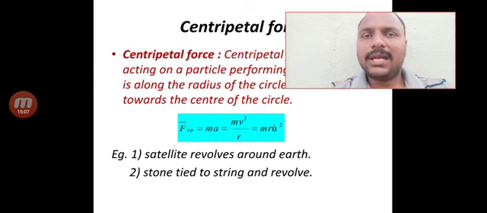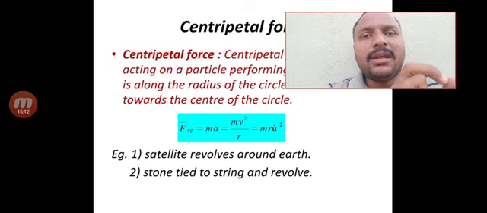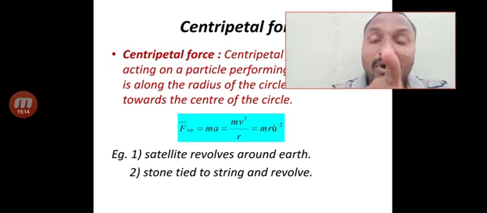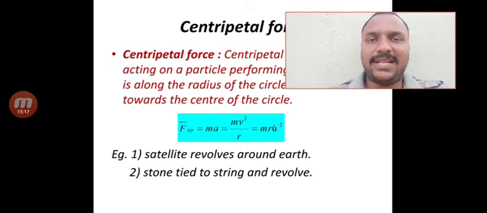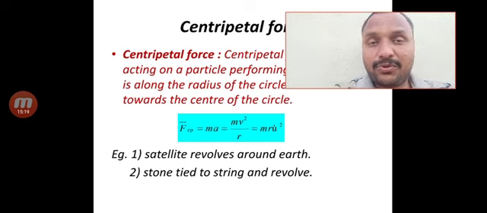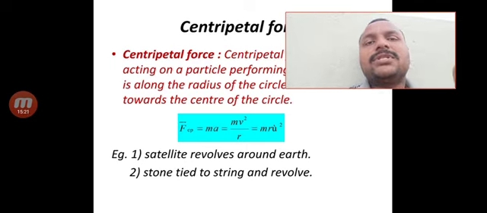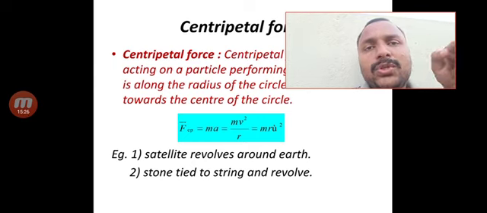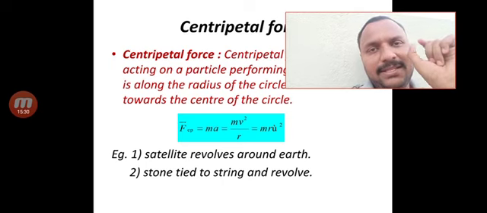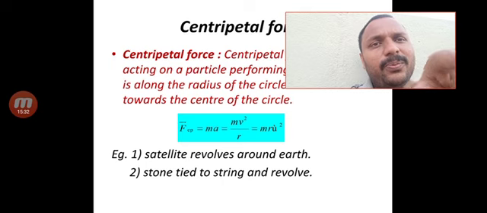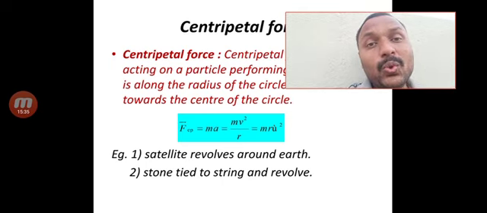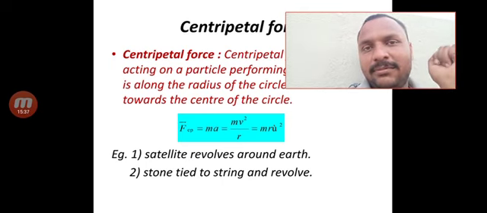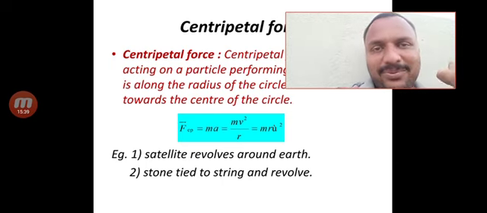Similarly, in the case of a uniform circular motion, here we have only one label for all the forces present. Actually the gravitational force is there, in some cases the electrostatic force is there, in some cases tension is there, but we use a common word for all these forces, and this is centripetal, because in the case of a UCM all the forces toward the center are called centripetal force.